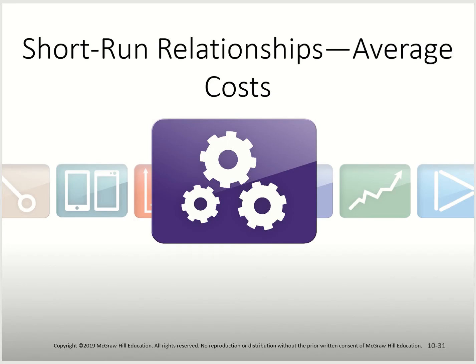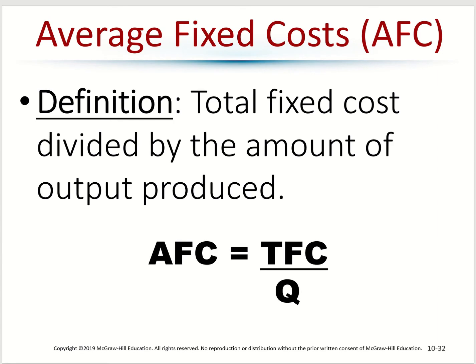All right, so next let's look at our average cost. So first, our average fixed cost, that's your total fixed cost divided by quantity. Now since my total fixed cost is always fixed, never changing, as my quantity becomes bigger and bigger, this number becomes smaller and smaller because they're inversely related.